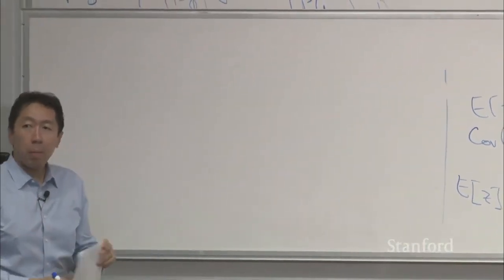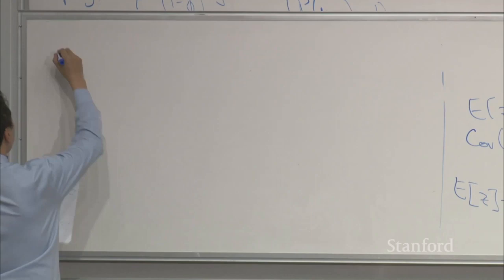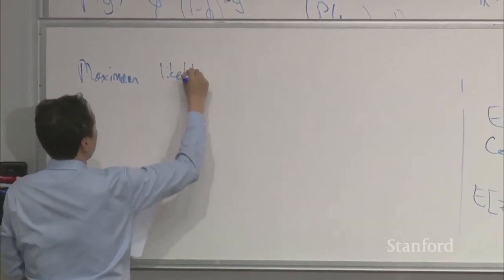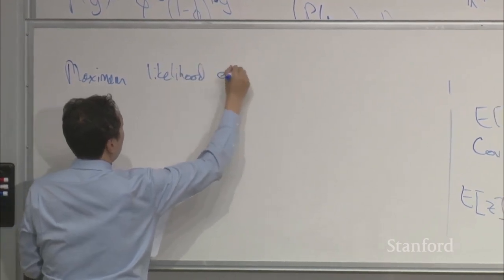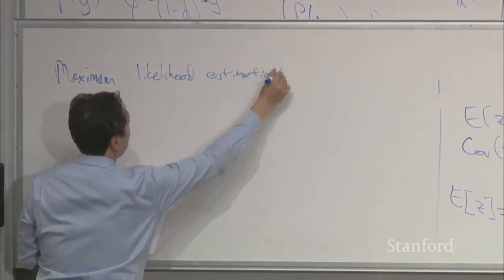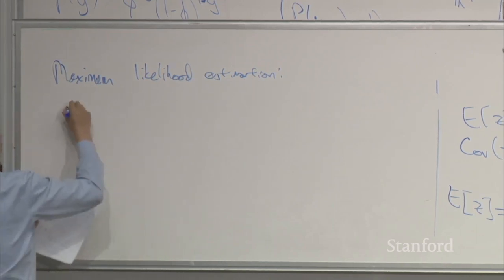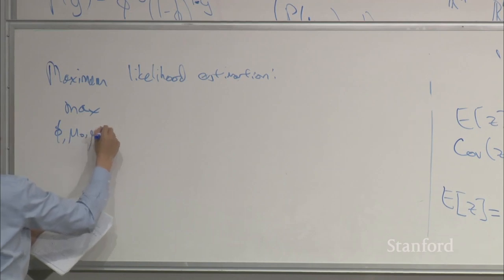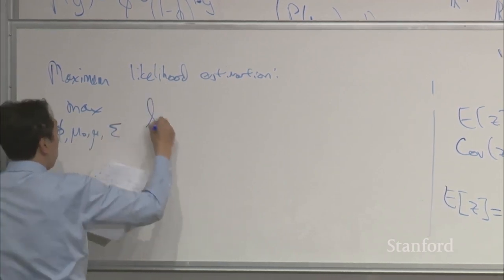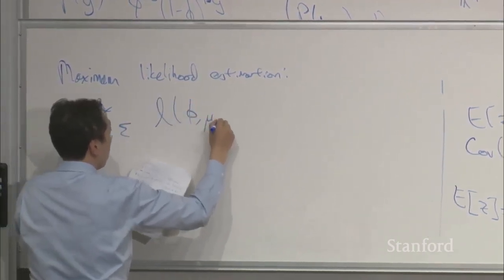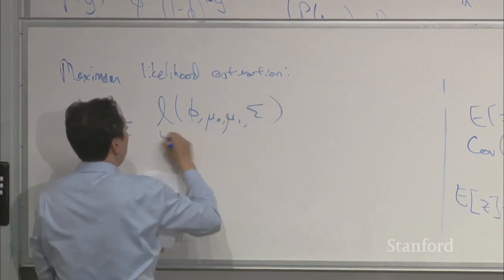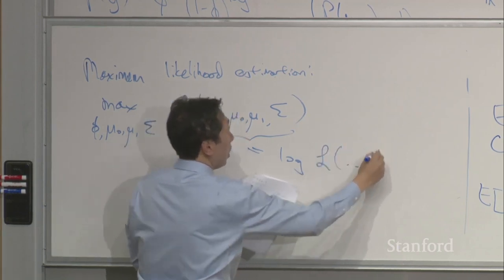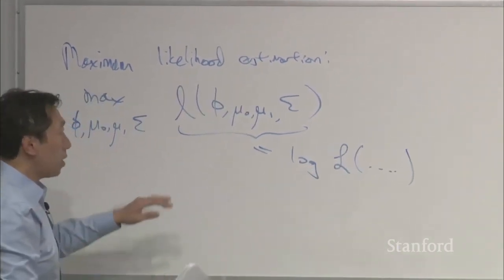So if you use maximum likelihood estimation, you choose the parameters phi, mu 0, mu 1, and sigma that maximize the log likelihood, where you define this as the log of the likelihood that we defined earlier.